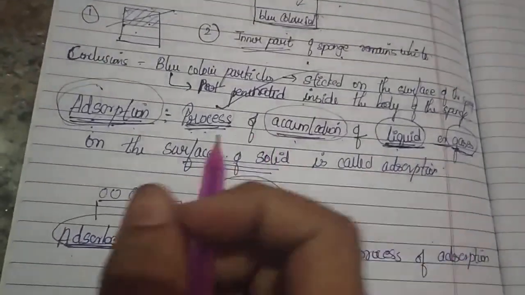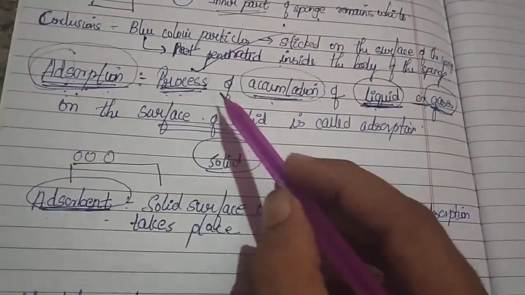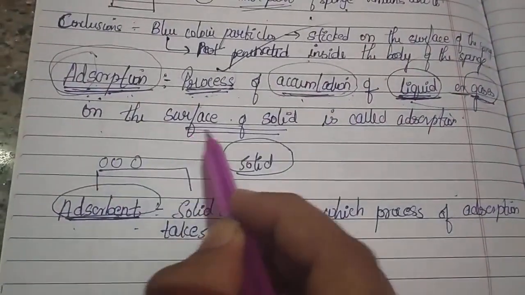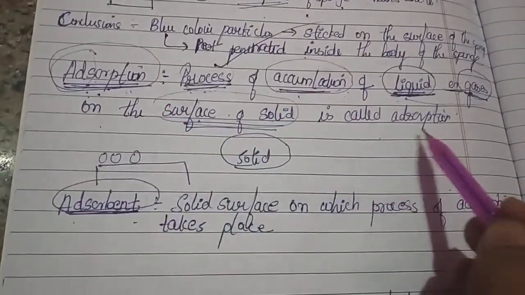Of course, what did we see in the adsorption process? It's a process of accumulation of liquid or gases on the surface of the solid.